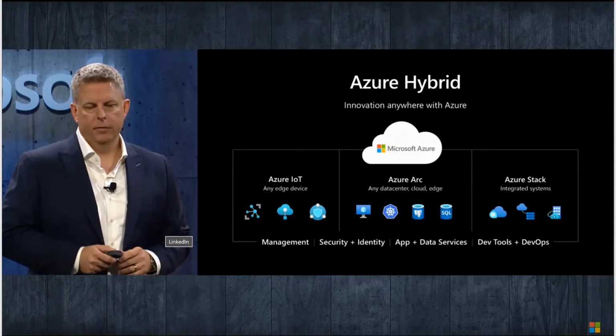So for example, on the bottom line, you see things like management. Think about update management, think about security and identity with Active Directory and Azure Active Directory, think about data services with SQL Server, or DevOps tooling, like Azure DevOps and Azure DevOps Server. All that was already there, with a lot of hybrid capabilities in it. And sometimes we just did not do a good job of telling customers how that actually works.